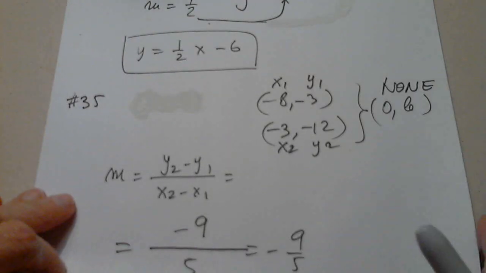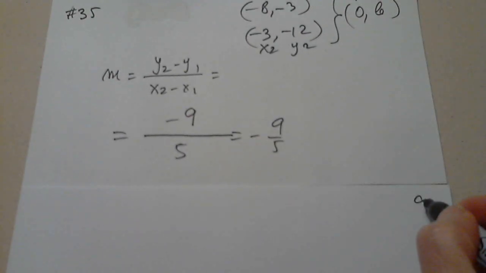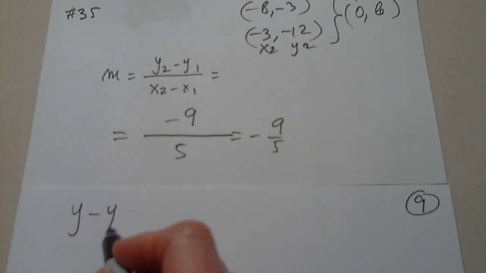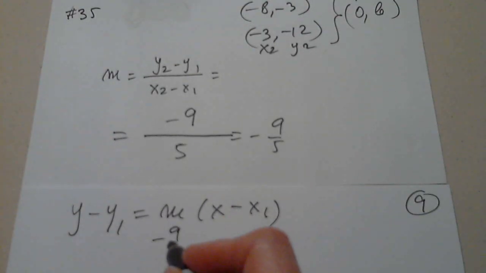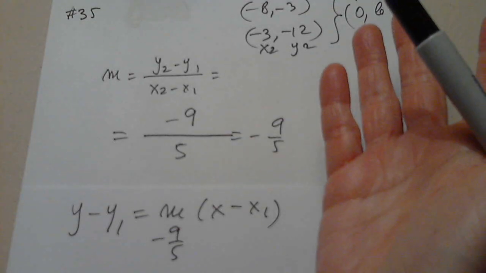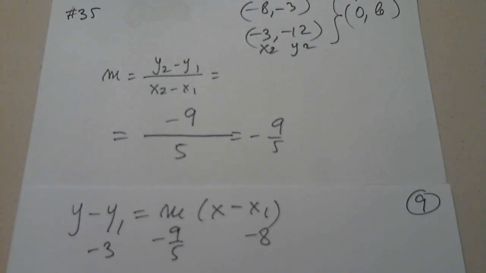So, y minus y1 equals the slope times x minus x1, where the slope was determined as -9/5. Choose any point you want. Let's say we choose -8 and -3.